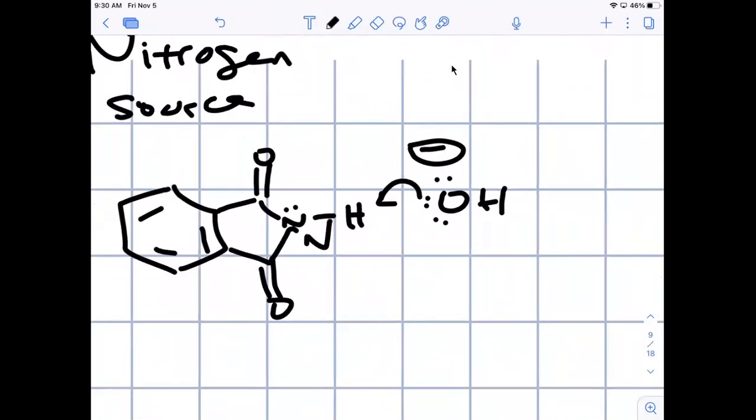So this is just simple acid-base chemistry, right? The proton on the amine is usually not acidic, but the fact that those two carbonyl groups are there makes it more acidic because you can stabilize the conjugate base by resonance. All right, so that's that.